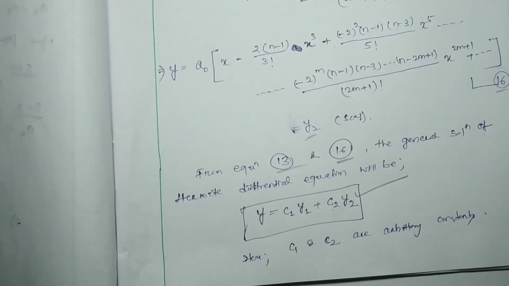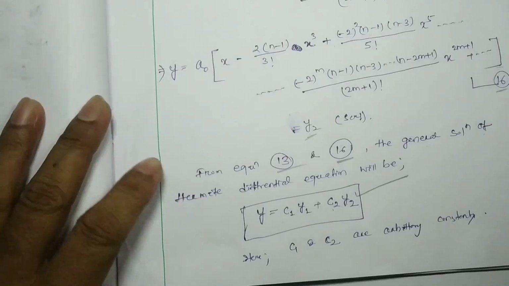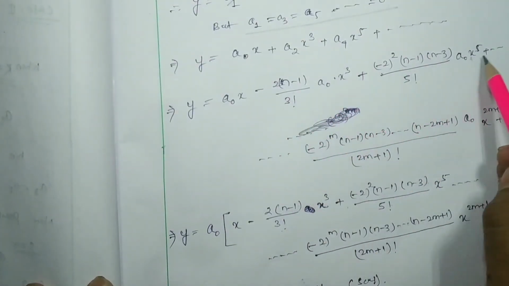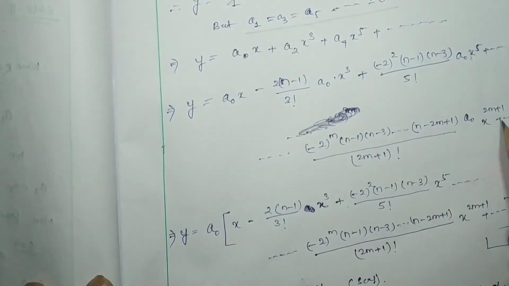So this is all about the derivation of the differential equation and its solution by using the power series method. Here the series continues, plus dot dot dot.